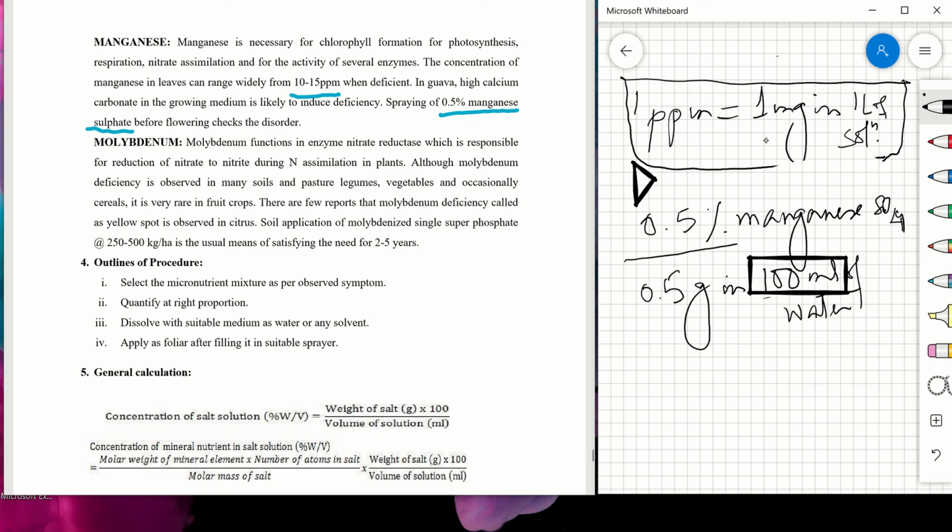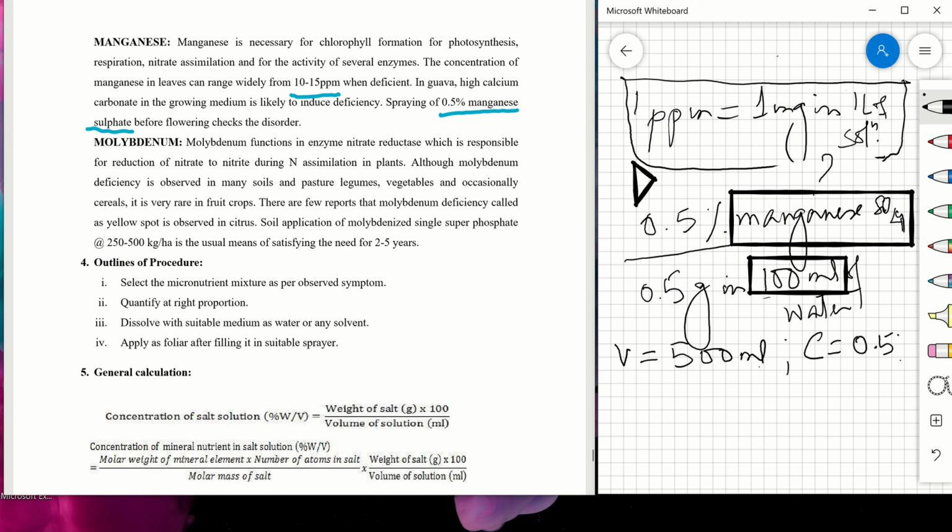So let's say we require 500 ml of water, so the volume is 500 ml and the concentration we require is 0.5%. How much manganese sulfate do we have to take? We have to find the weight of this salt.